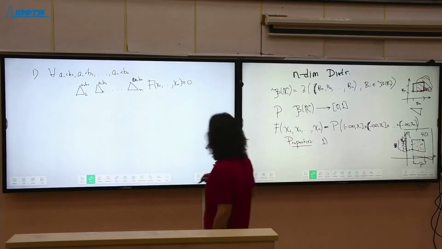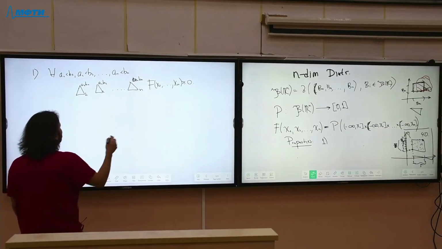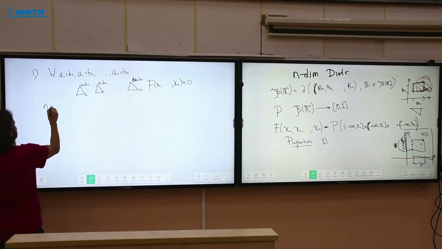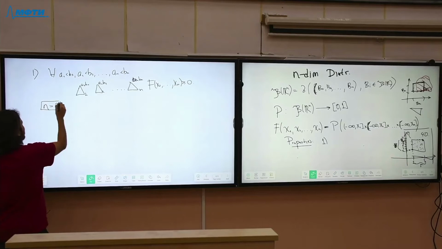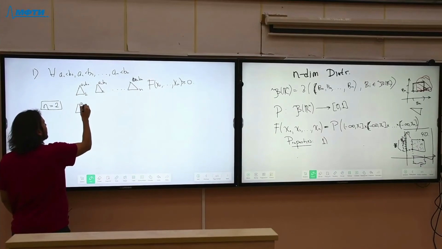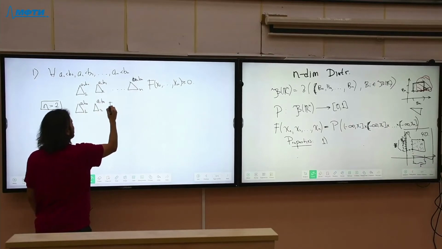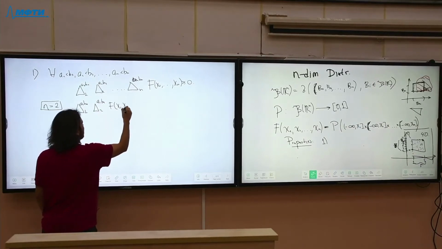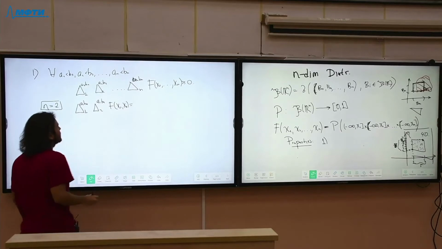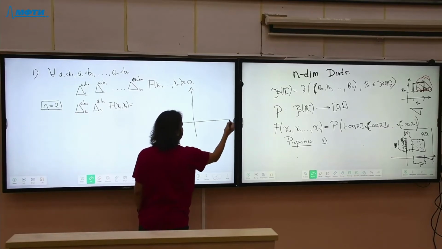So if n equals 2, so if we are on the plane, then we have the following. We have that delta 1, a1, b1, delta 2, a2, b2 of f of x1 and x2, right? This is what we can draw here.